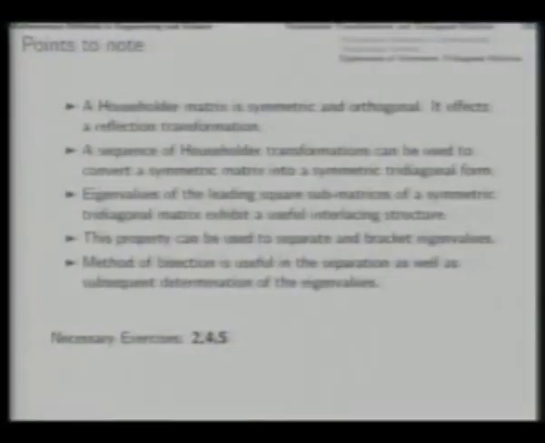So, in this lesson, what are the important points that we should keep focus on? First point is that a Householder matrix is symmetric and orthogonal, and it affects a reflection transformation.